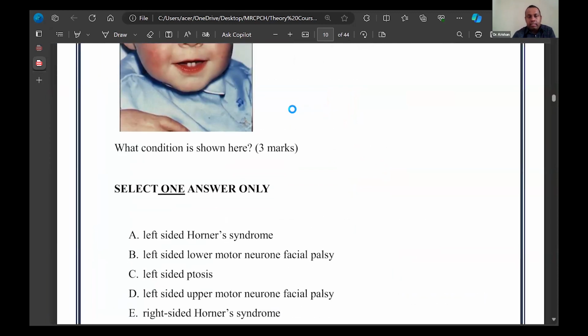Is it left-sided Horner syndrome? Is it left-sided lower motor type facial nerve palsy? Is it left-sided ptosis? Is it left-sided upper motor neuron type facial nerve palsy? Or is it right-sided Horner syndrome?